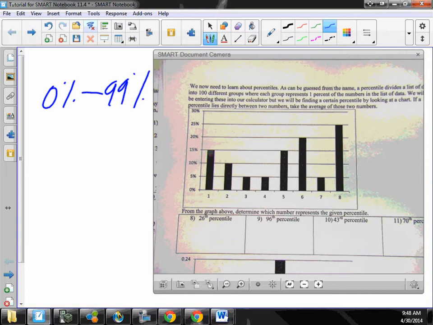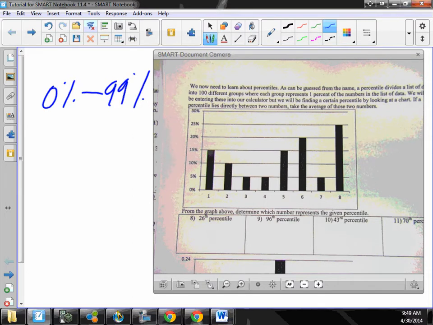And the reason that's the case, percentiles tell you out of 100 how many students you beat. So if you're the 78th percentile on the ACT, so say you take the ACT and you get a 27, and they tell you that's the 78th percentile, which means you scored better than 78 out of 100 people.